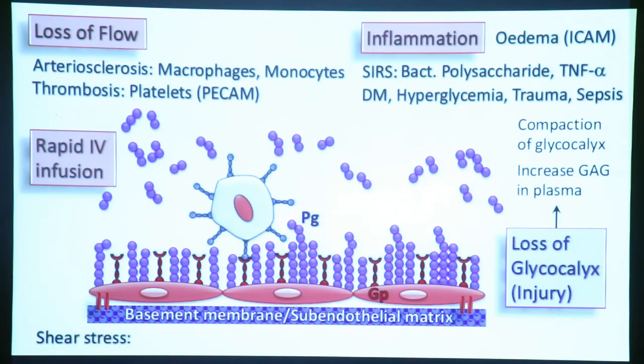The shear stress, which I mentioned, was with the force with which the fluids are given, at times will shear off the glycoproteins from there. But it has got a protective mechanism. With the shear stress, there is enhanced nitric oxide production from these glycocalyx, which will keep the vessels dilated. Right? So this is one of the protective mechanisms which exists.